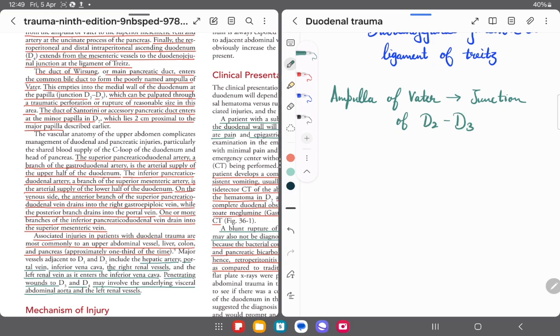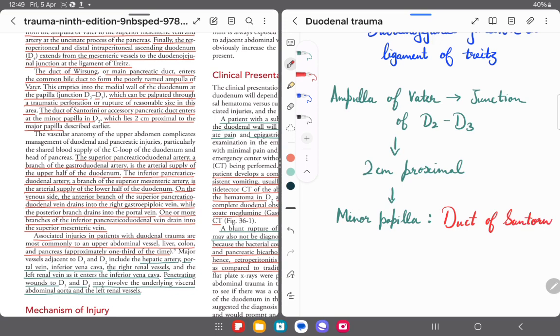And the duct of Santorini opens as a minor papilla, just 2 cm proximal, where the duct of Santorini opens, and the duct of Santorini is the accessory pancreatic duct.